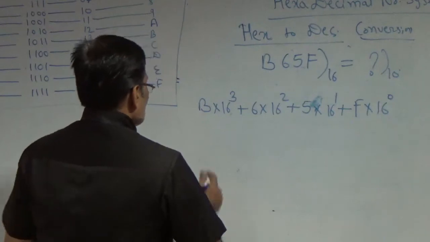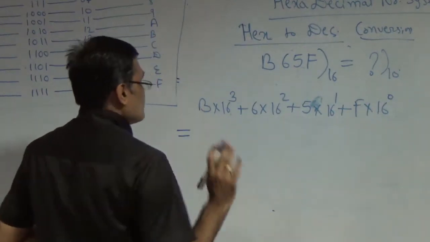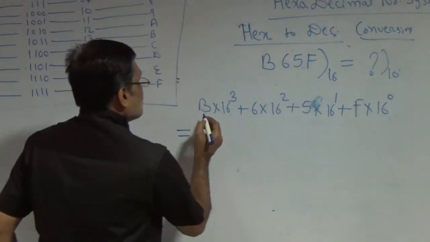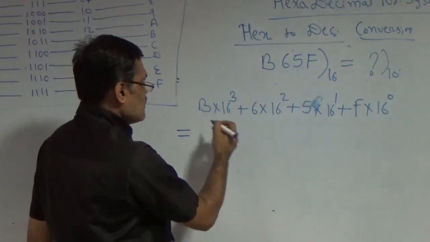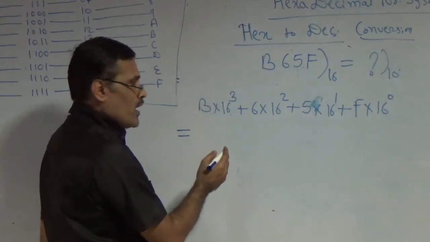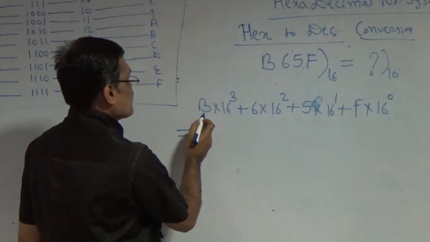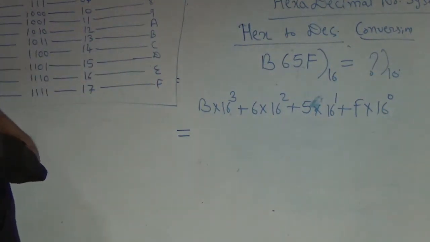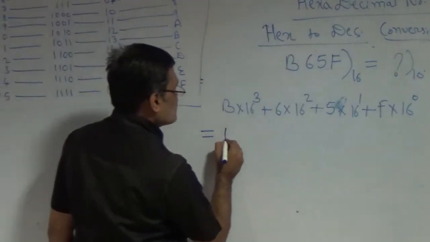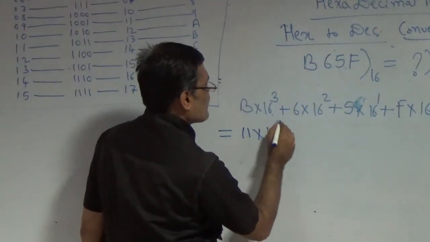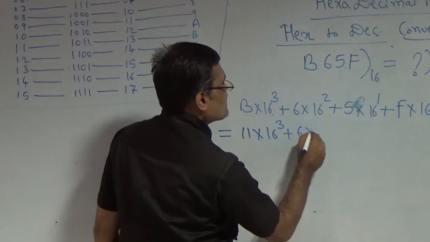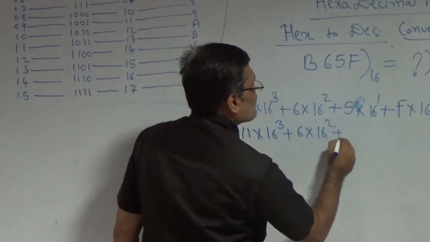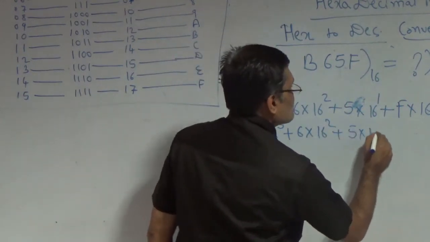Okay. Now simplify this. Before that I need to convert the symbols to equivalent decimal numbers. So what is B? B's equivalent decimal number is 11. So this is 11 into 16 raised to 3. 6 is as it is. 5 is as it is.